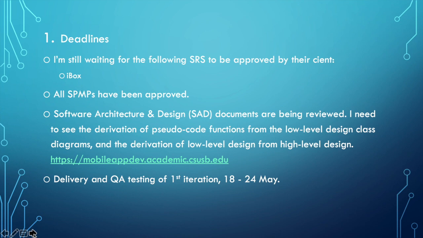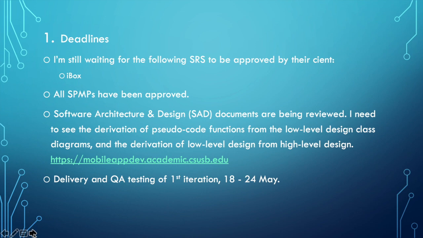I need to see the derivation of the pseudocode functions from the low-level design class diagrams and the derivation of the low-level design from the high-level design. I need to see the trace of how you arrive at the low-level design based on high-level design.